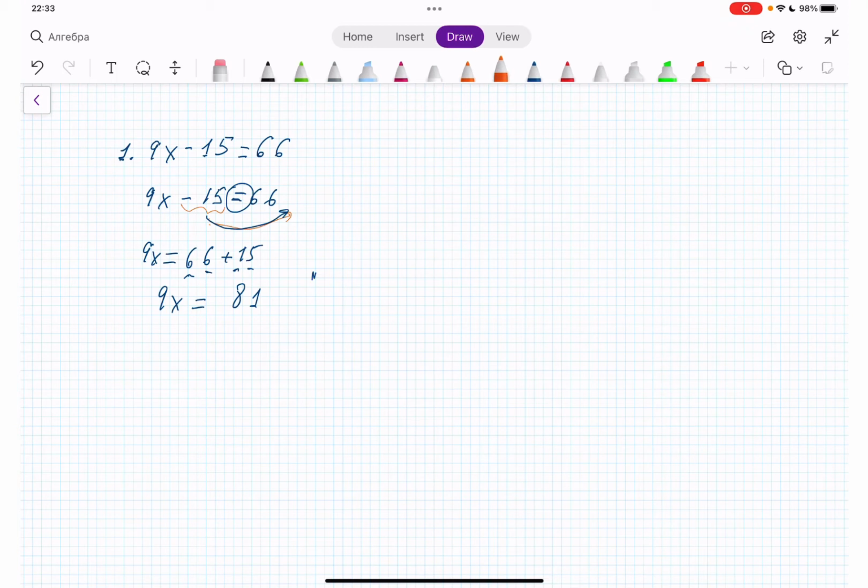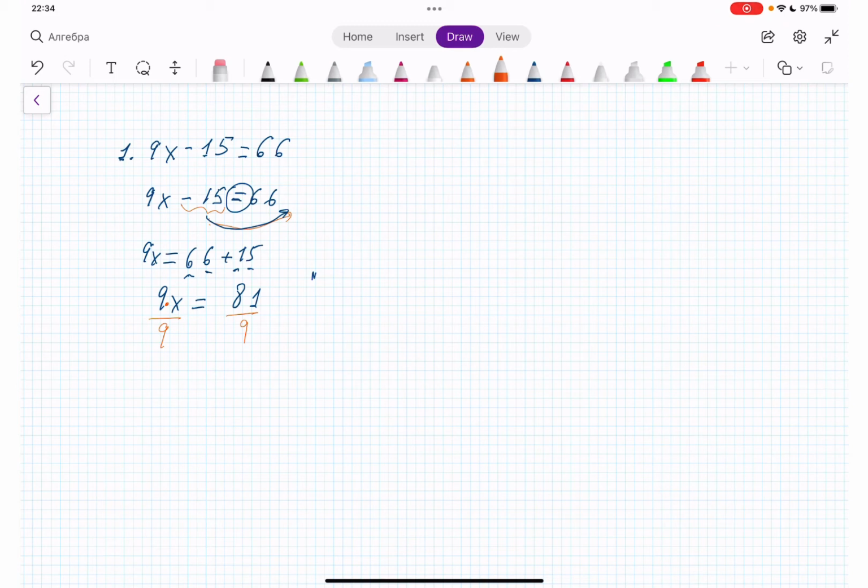So to find our x, we have to divide by 9 because we need x but not 9x. And since between them is multiplication, we have to do the opposite operation, which is division. Therefore, we divide by 9, and we know whatever change we do to one part of the equation, we have to do exactly the same change to the other part.